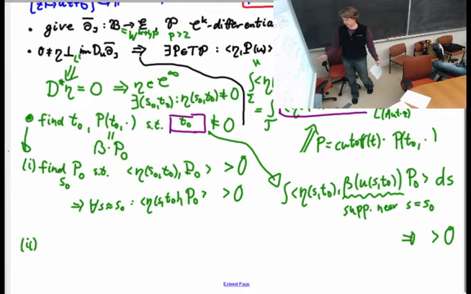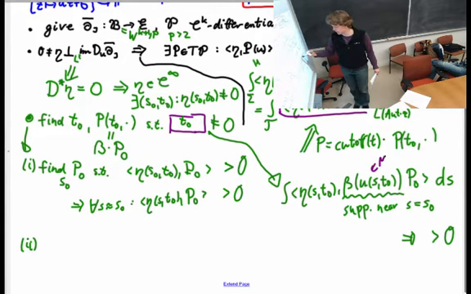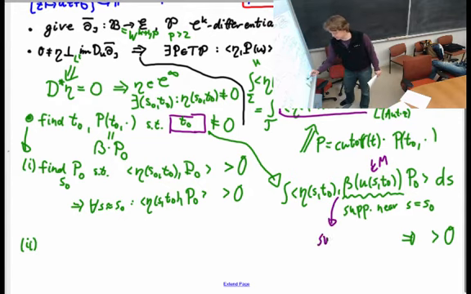But it's a function on M. So I'm going to make it supported near u of S0, T0.